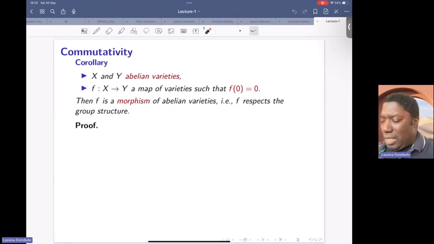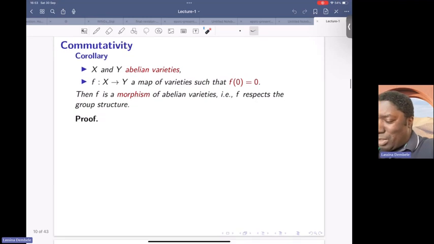Give yourself two abelian varieties X and Y, and you let F be a morphism of varieties which sends the neutral element in X to the neutral element in Y. Then under those conditions, the corollary says that the map F is automatically a morphism of abelian groups, meaning that it would respect the group structure. And the proof of this result is fairly simple. This is probably one of the few results that we're going to prove, so let's give the proof.